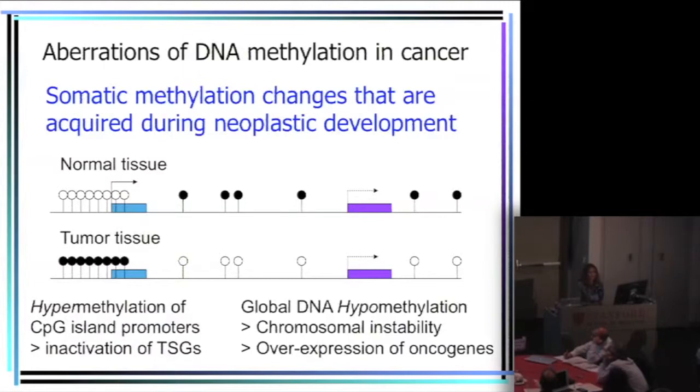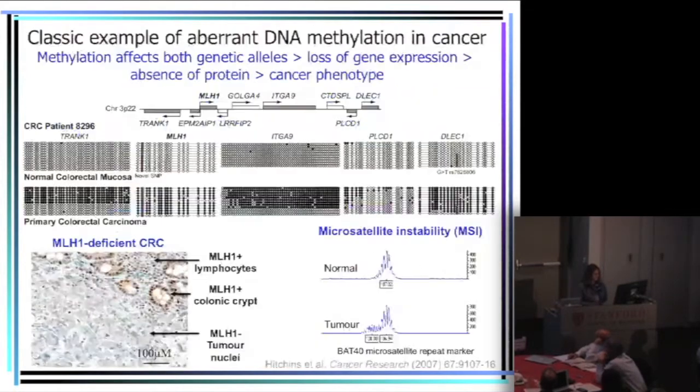These changes can generally be described as the hypermethylation of CpG island promoters, and this is typical for the inactivation of tumor suppressor genes. And of course, there's global DNA hypomethylation across the genome, which has been shown to underpin chromosomal instability, as well as a few cases now showing where there is overexpression of oncogenes associated with hypomethylation as well.